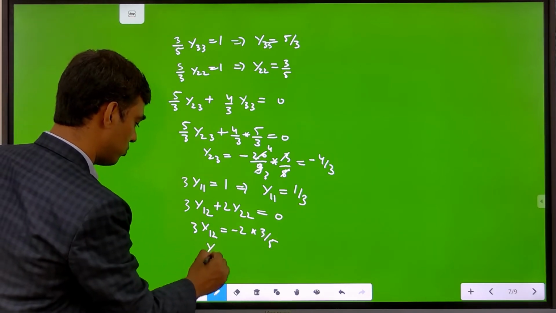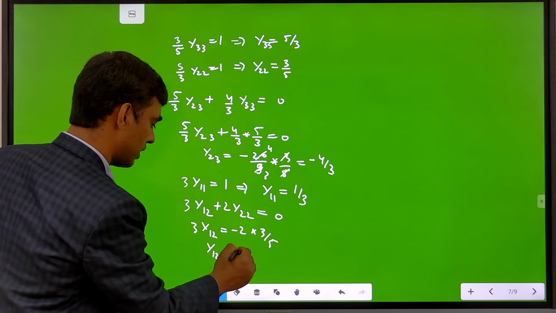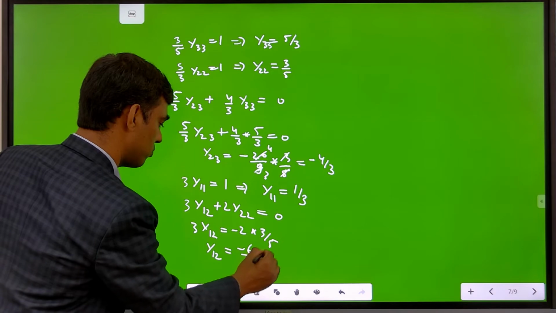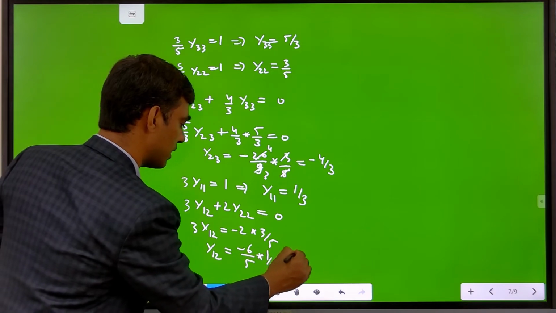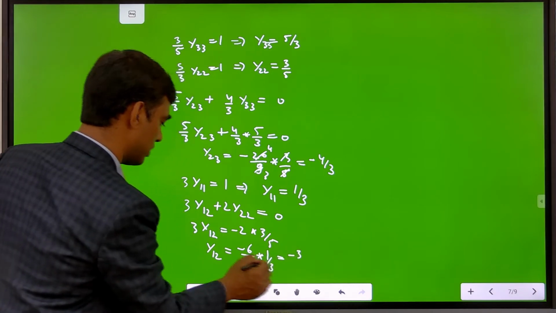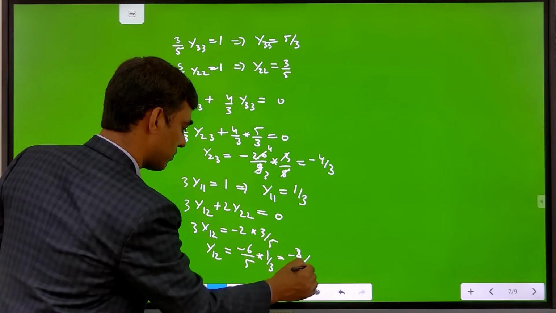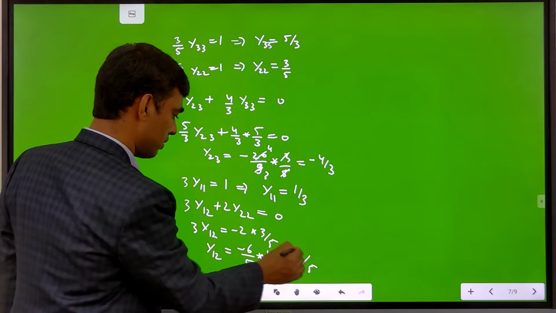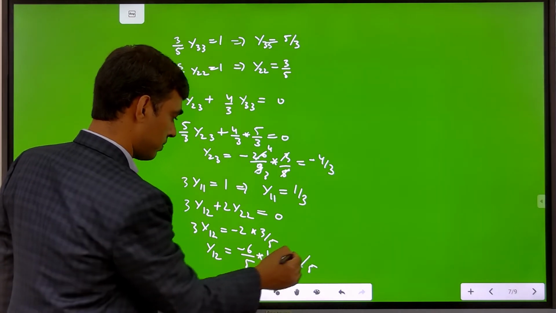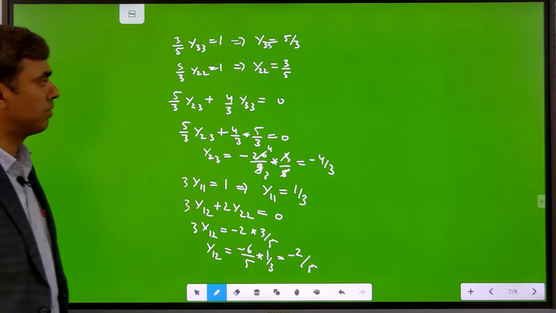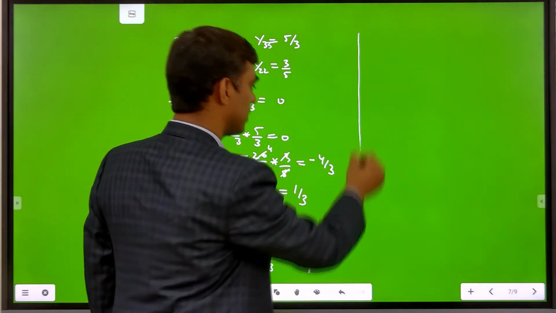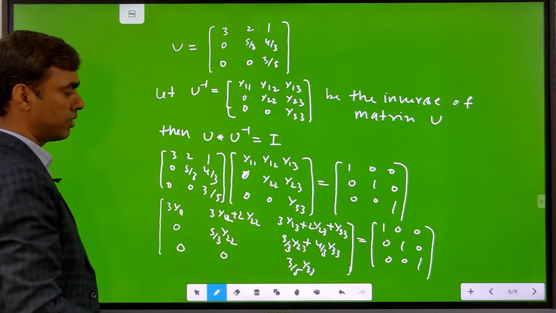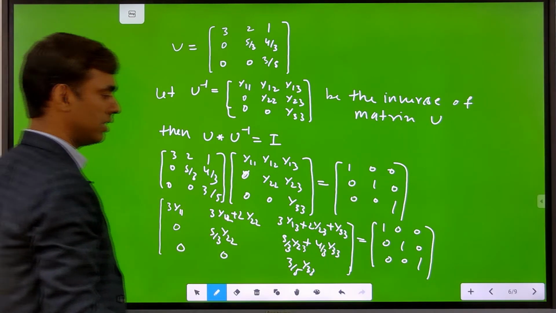So 3y12 equals minus 2 times 3 by 5, which is minus 6 by 5, into 1 by 3. So y12 equals minus 2 by 5.